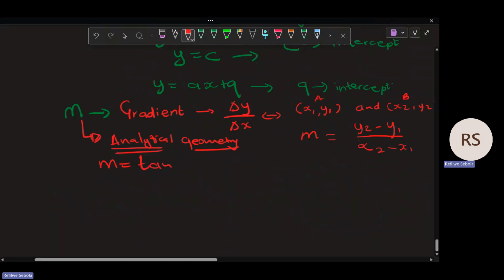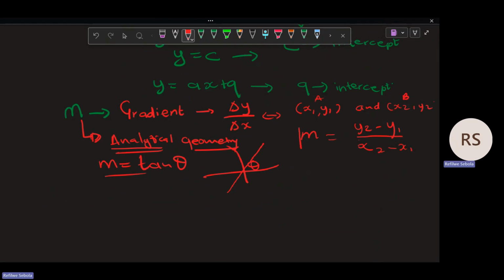So this is also gradient. In our case, we are going to stick with m equals y2 minus y1 over x2 minus x1 for this chapter.